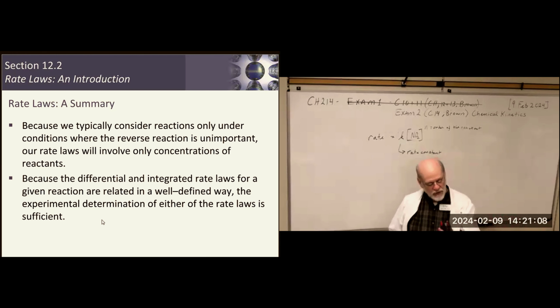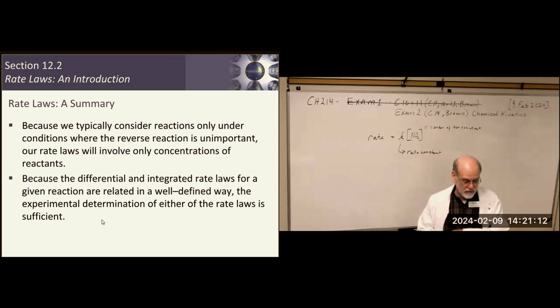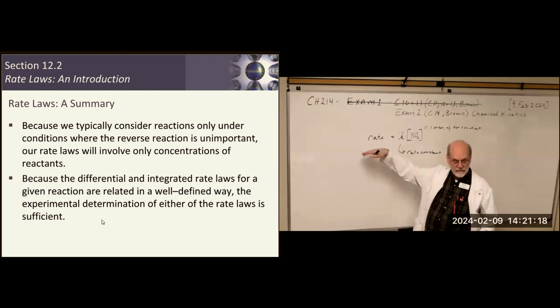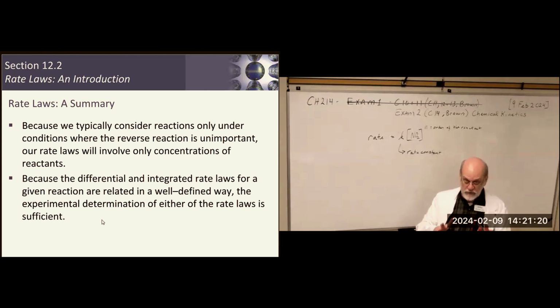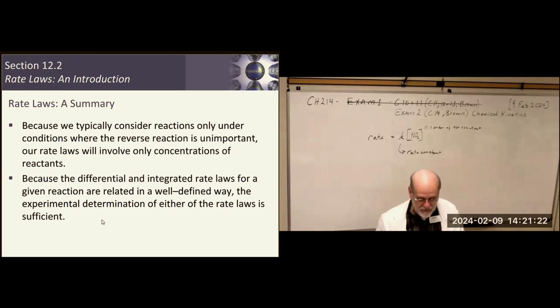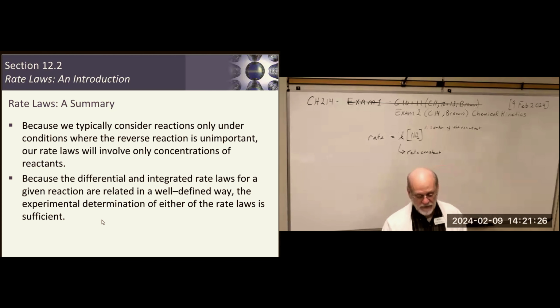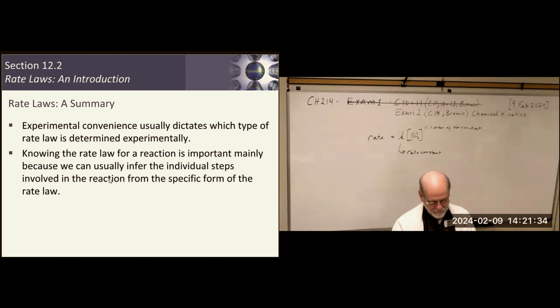Sometimes the differential equation is more useful. And then there's another factor that we're going to introduce. It's called half-life. How long does it take for half of that reactant to disappear? Right, and then we'll introduce that too. And sometimes the data that you have is better approached from that angle too. So actually we got three angles that we can deduce outcomes for our reactions.